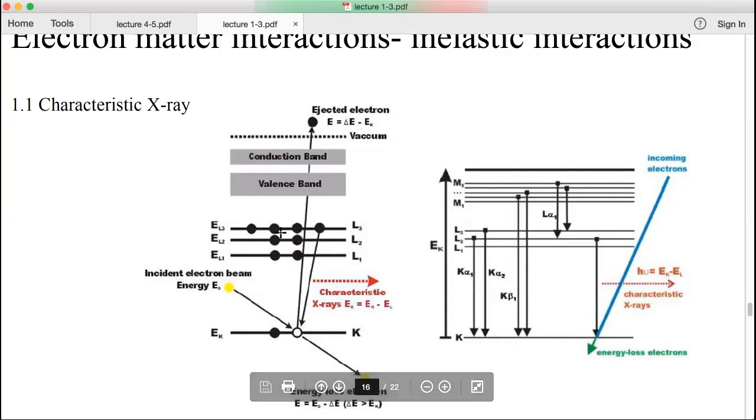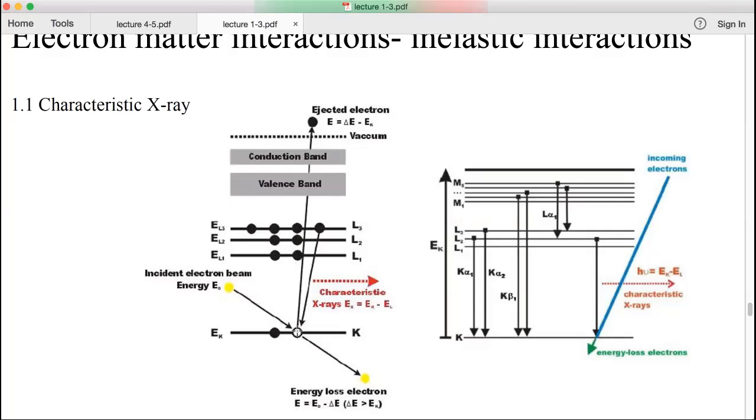Electron shells are filled from the lower state to the higher levels. This incident electron will interact with the ground state atom, and it can eject an electron to the vacuum, right? If you provide the binding energy, you can completely remove it from the shell and move it towards the vacuum.